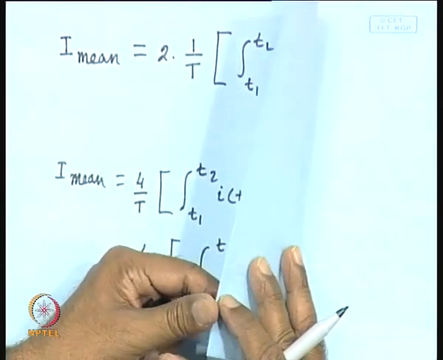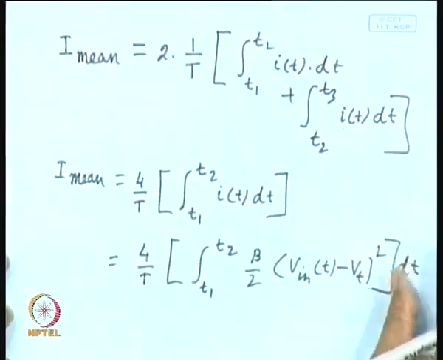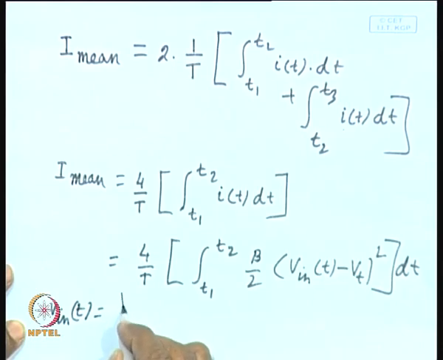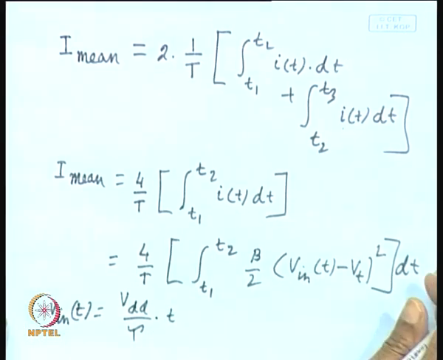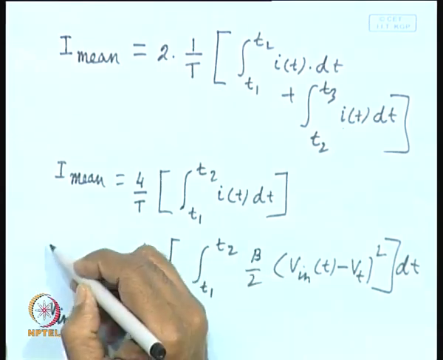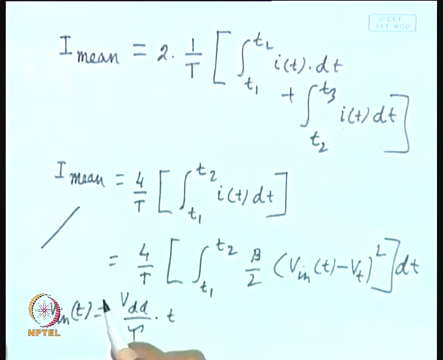Now, what we can do? We can make the substitution Vin(t) is equal to VDD by tau into t. So, here we have made one simplification, we are assuming that the input is rising linearly.